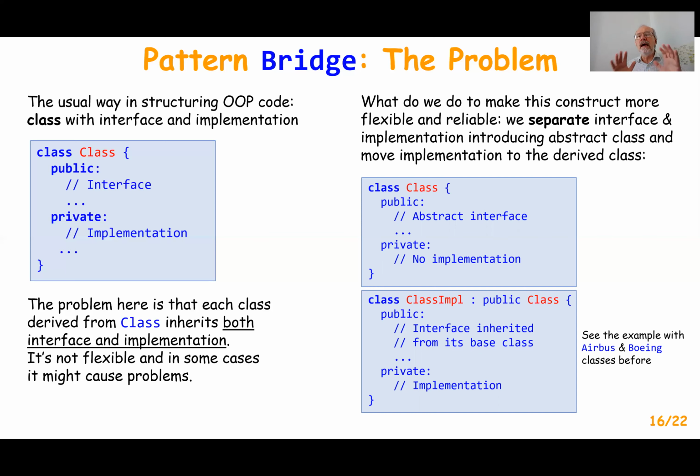This is a purely abstract class, providing the names of abstract methods that must be implemented in a derived class. And we create a class derived from this abstract class that inherits the interface and provides its own implementation. For details, please refer to our example with Airbus and Boeing.